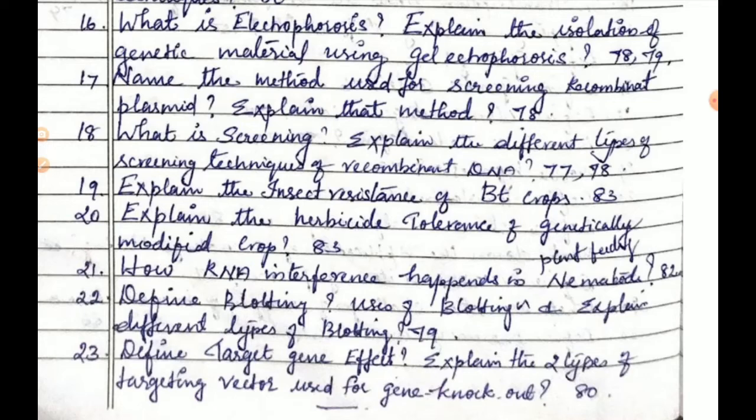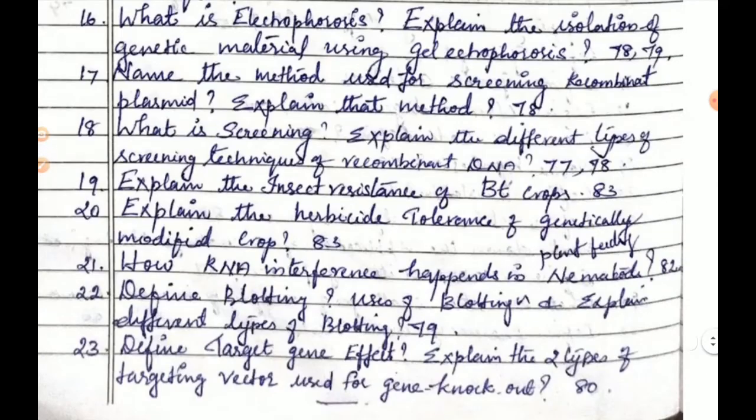The next question is: define target gene effect. Explain the two types of targeting vector used for gene knockout. The answer is given in page number 80. Target gene: target DNA, foreign DNA, passenger DNA, exogenous DNA, or gene of interest, or insert DNA, that is to be either cloned or specifically mutated.